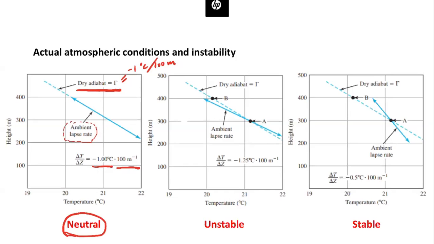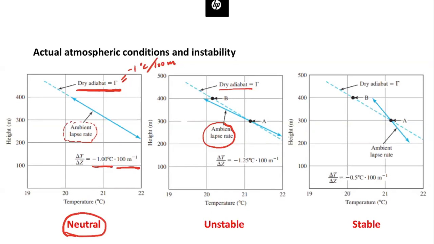There are some scenarios where the actual ambient lapse rate is different from the dry adiabatic lapse rate. Here I'm still showing the dry adiabatic with the dashed line, okay? What this is showing is similar to the situation where we place a heater on the ground.